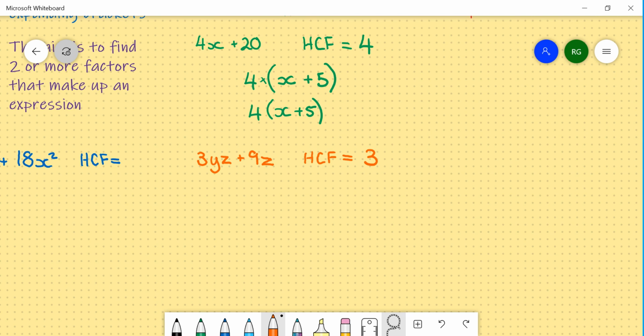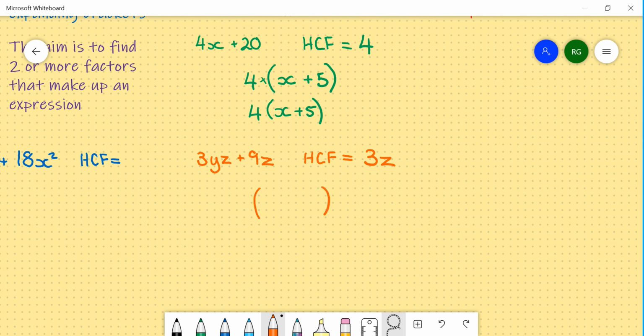It is important to note also here that both terms have a z in it. That means both terms can be divided by z. That indicates to us that one of the factors is z. So the highest common factor is 3z.